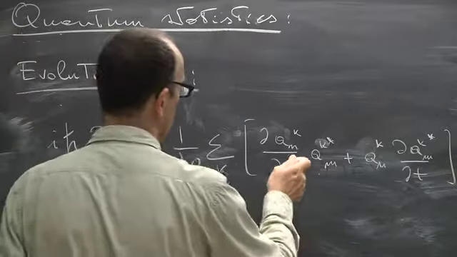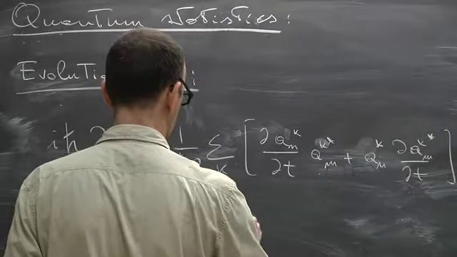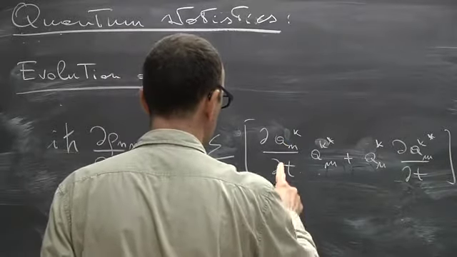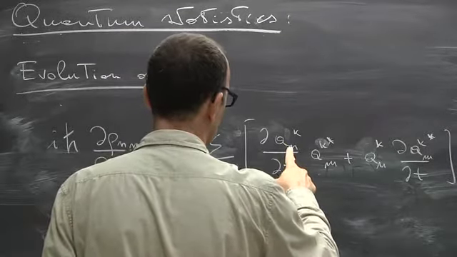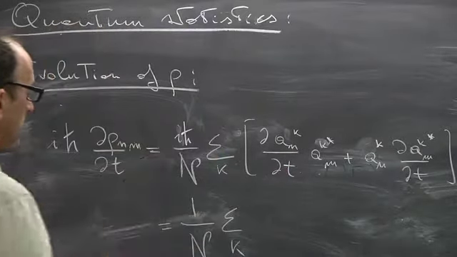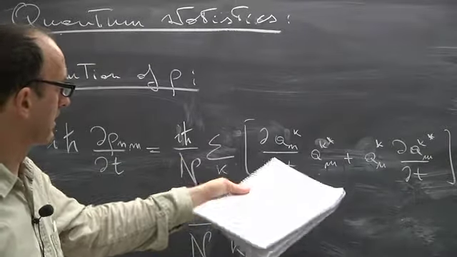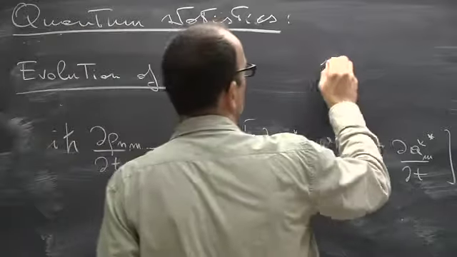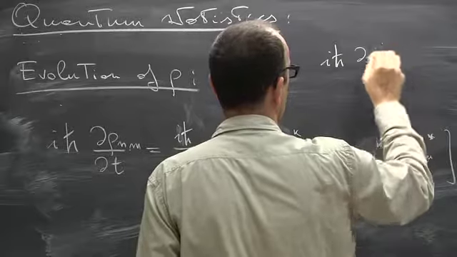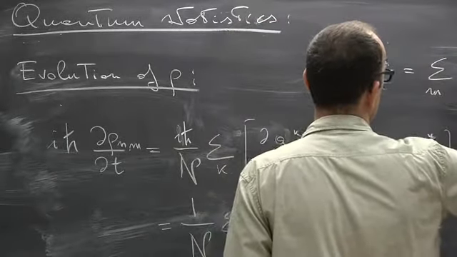So this is equal to i h bar times d a n dt, which is, as we said, a sum over m.